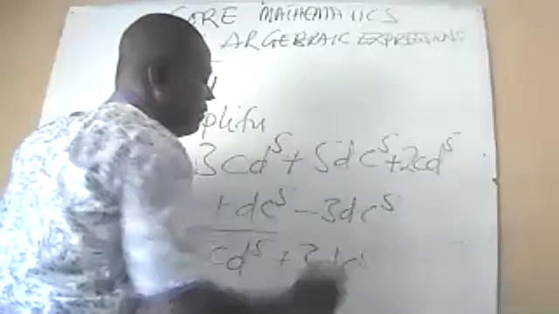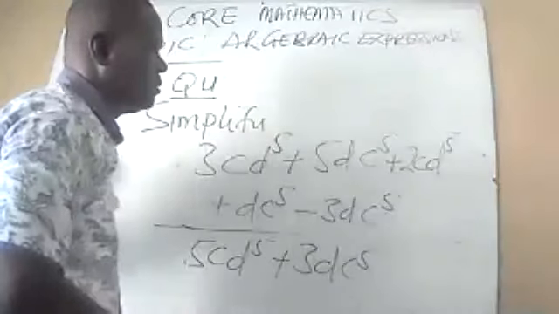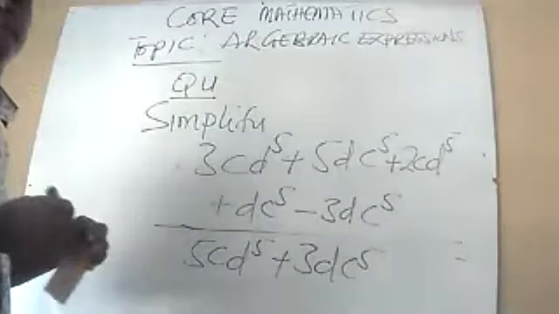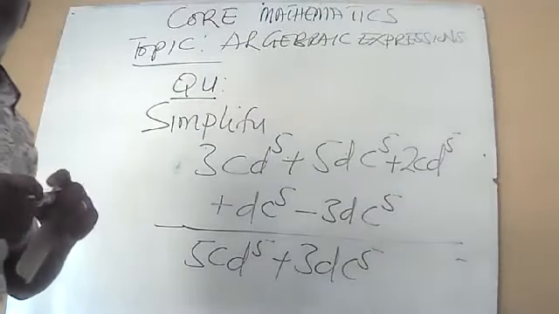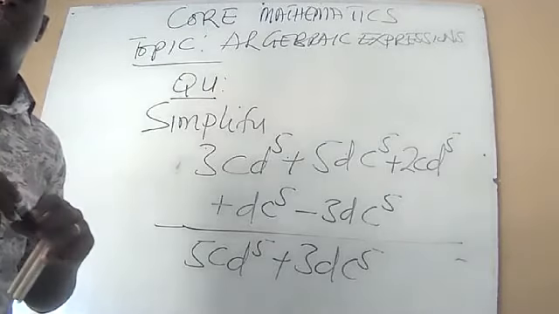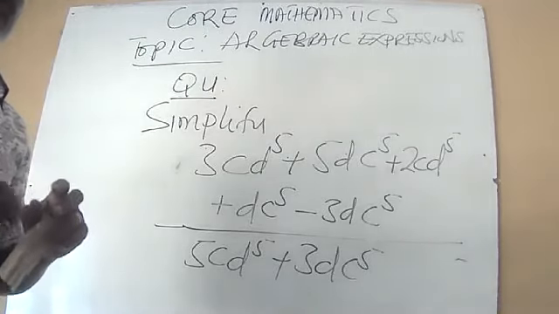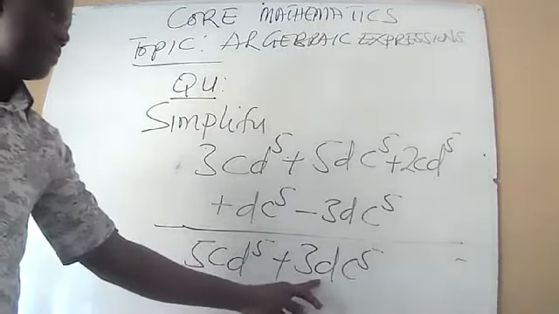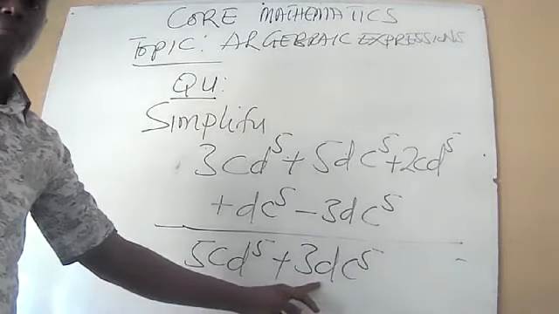That's all. 5cd exponent 5 plus 3dc exponent 5.